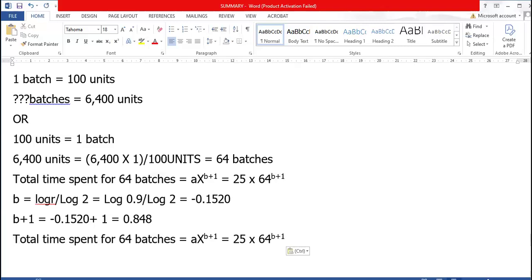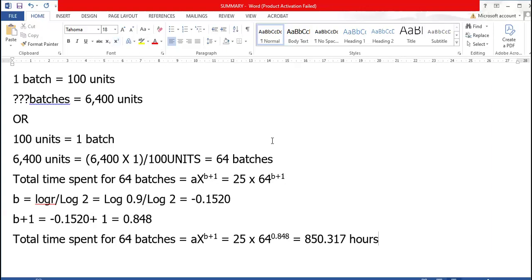So total time will be equal to, where there is b plus 1, I simply put power 0.848. And what do you get on the calculator? It will be 25 times 64 power 0.848, which is 850.317 hours.